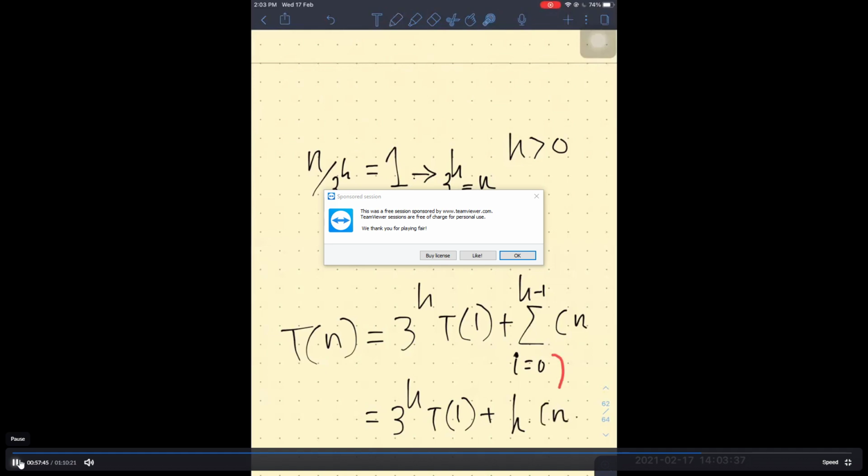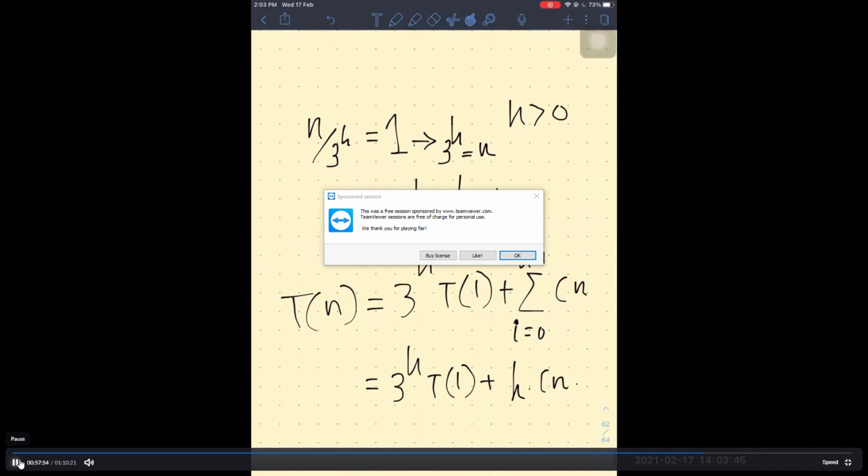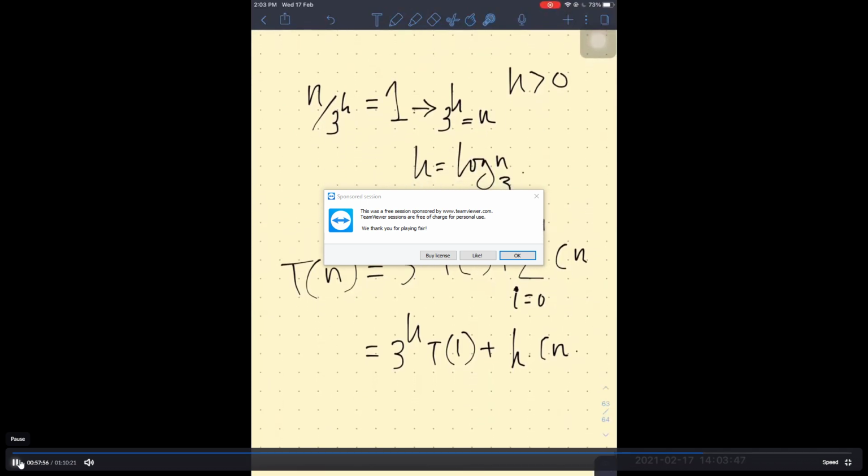Is this part clear? Any questions regarding this one? You just use the formulas from the beginning, right? Yeah, exactly. The summation of this one will be h, as it is independent of i.